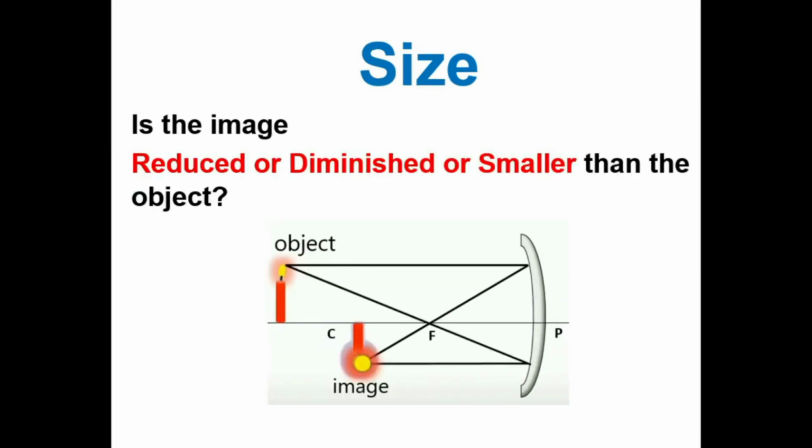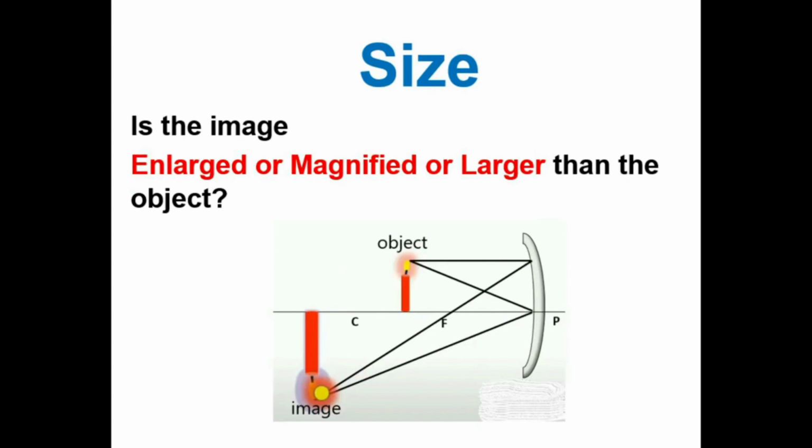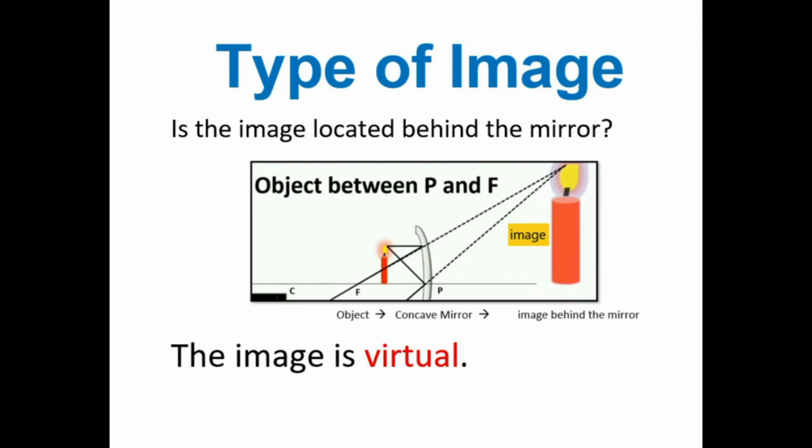It can be reduced or diminished, which means the size of the image is smaller than the size of the object. It can be enlarged or magnified, which means the size of the image is larger than the size of the object.